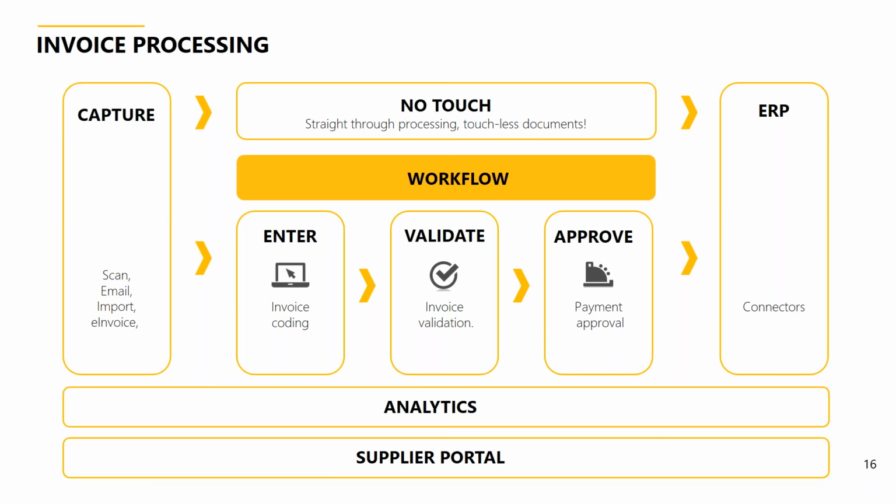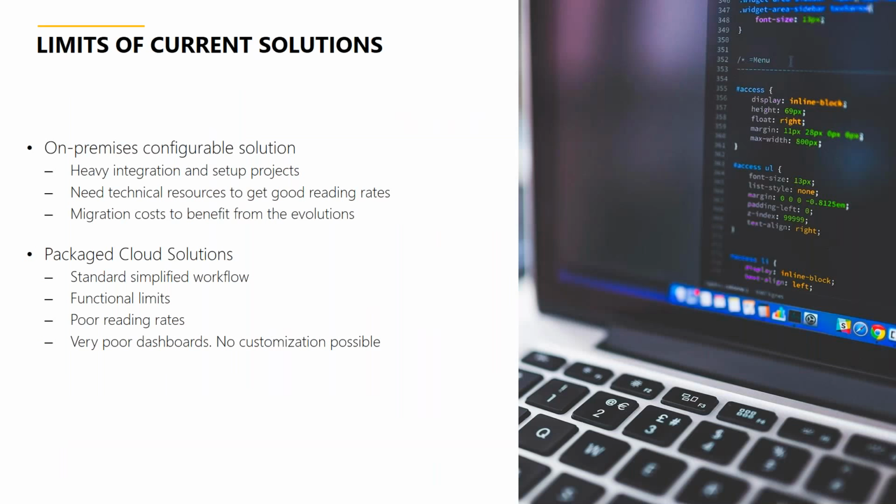So what we're going to look at now are some of the problems with some of the solutions out there. There's essentially three solutions. You've got an on-premise capability that you could purchase. There's a packaged SaaS solution. Another option is to outsource the whole thing to someone else to deal with. But I'm a software company, so it's not something that I'm going to be talking about today with yourselves.